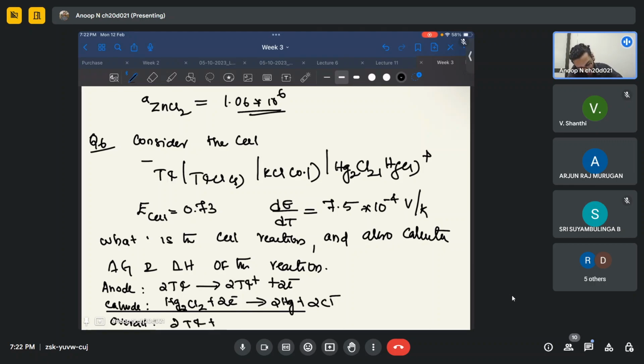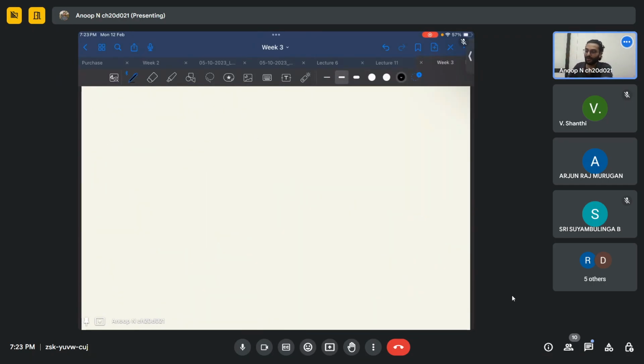2Tl plus Hg2Cl2 gives 2Tl plus 2Hg plus 2Cl minus. So I'll just rewrite it a little. How can I write? 2Tl plus Hg2Cl2 will give 2TlCl plus 2Hg.